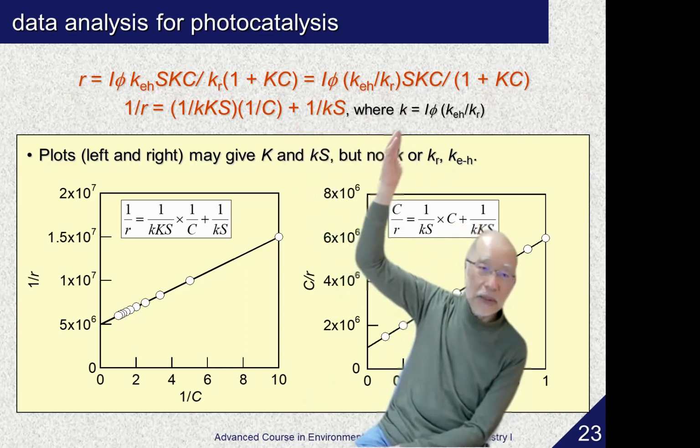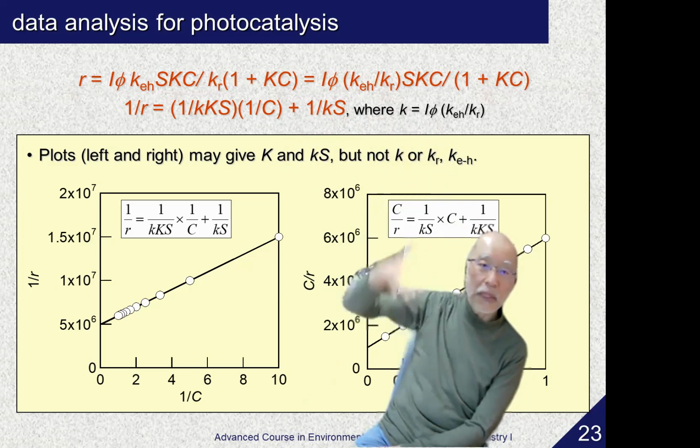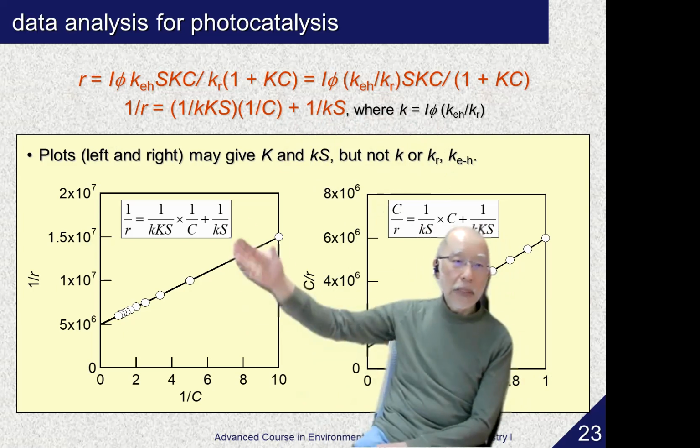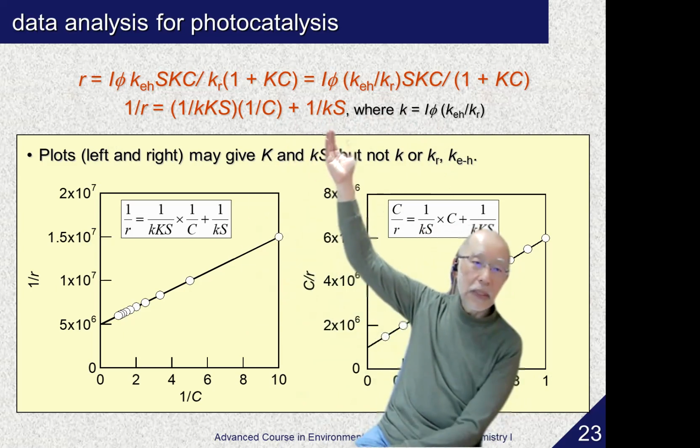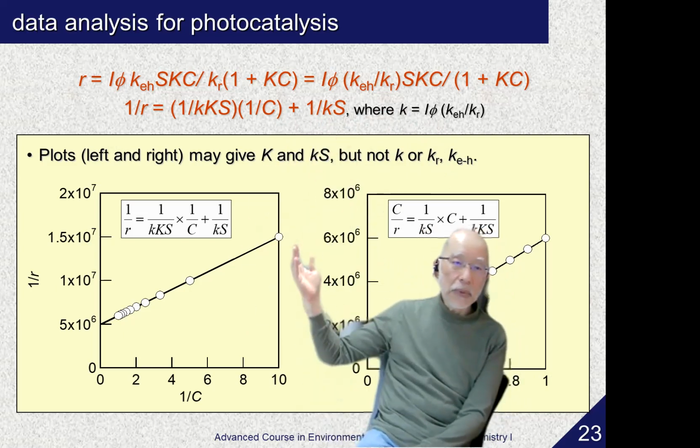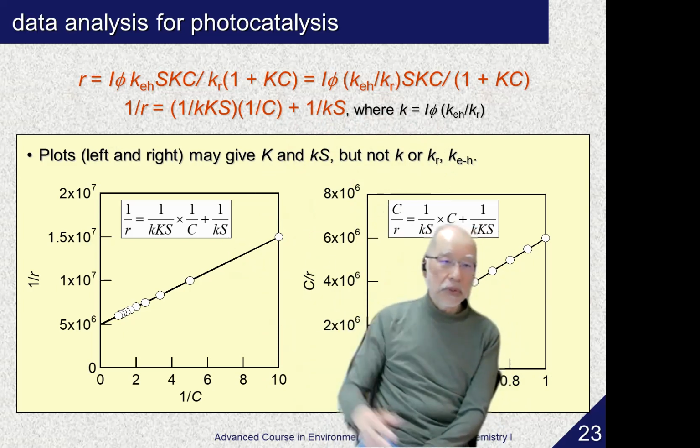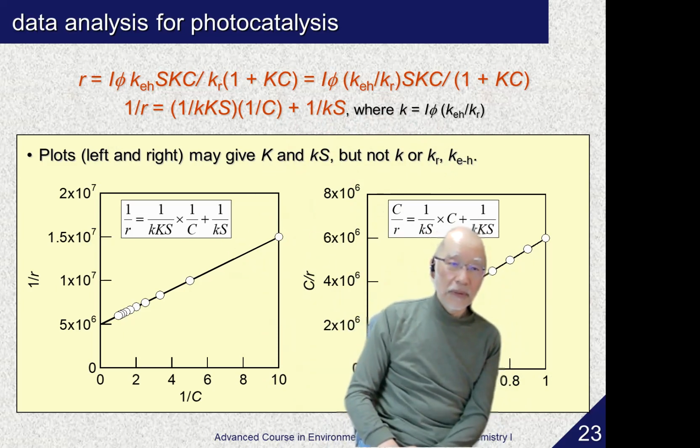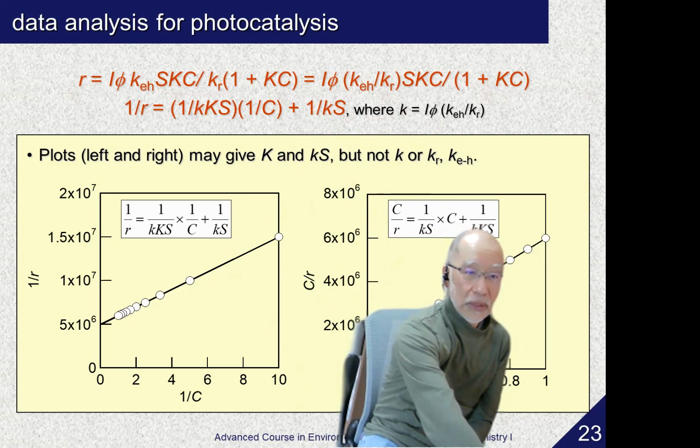this. But by assuming K equal I phi KEH over KR, it is possible to make the simplified linear relation. And both these two plots show the results. Yes. And can we measure directly?